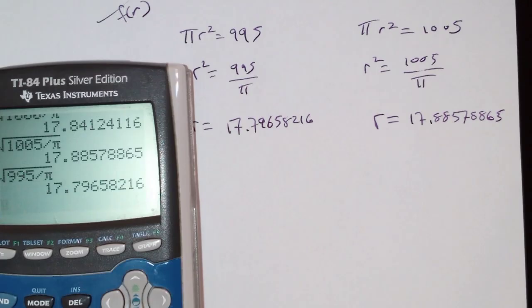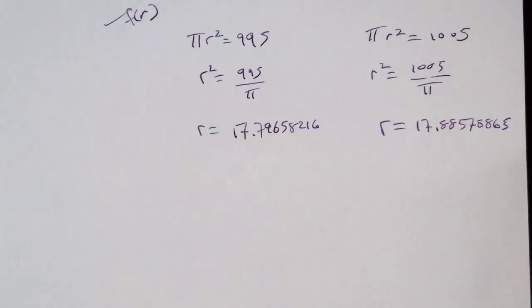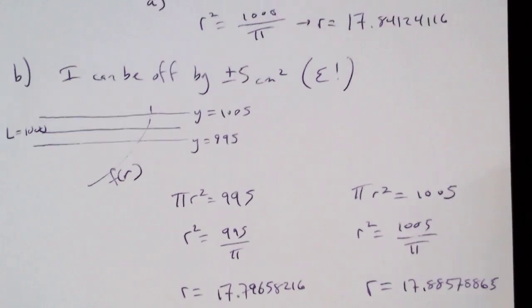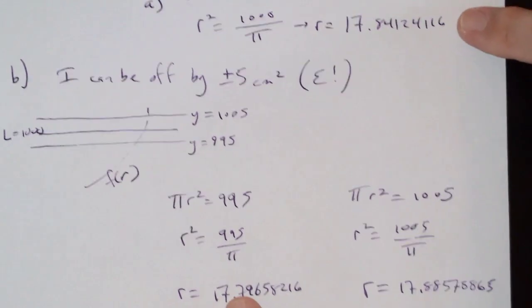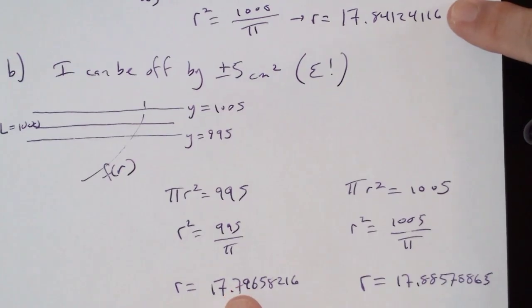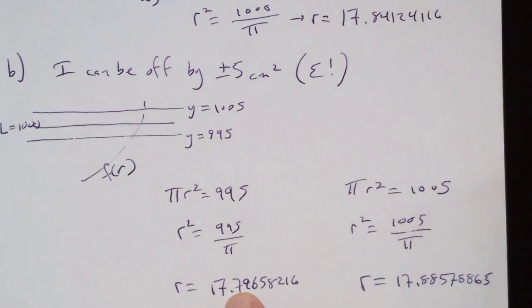How close are either of those to my ideal radius? My ideal radius is this number back here. So take the smaller one away from the larger one. What do you get? I don't know.